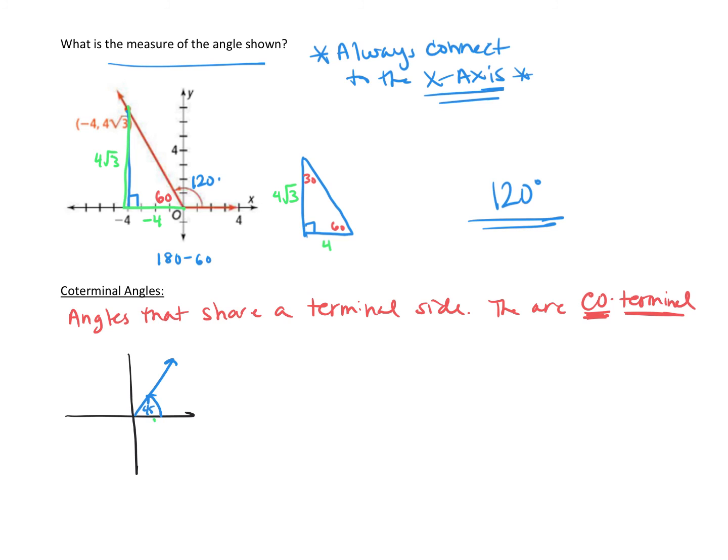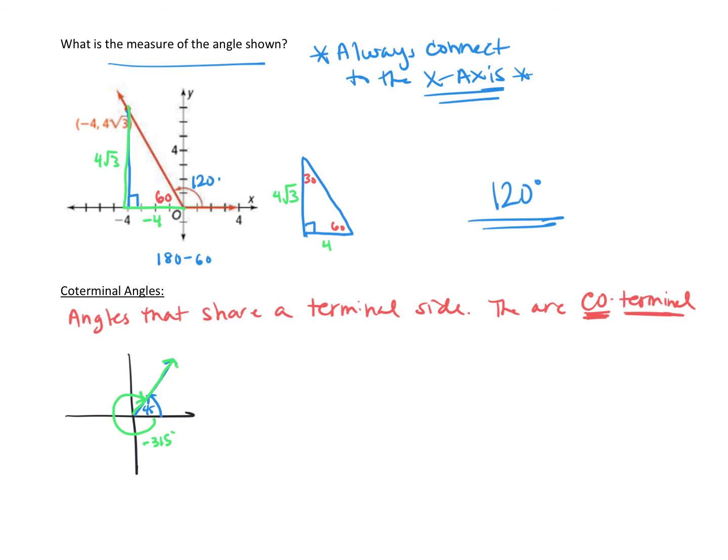If I went down all the way around and landed right there, it would share a terminal side. So that angle, if I go down and land there, is a negative 315-degree angle. So those two would be coterminal. So that's what it looks like. Two angles that share a terminal side of the angle.